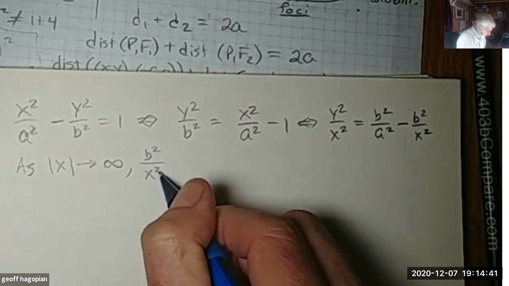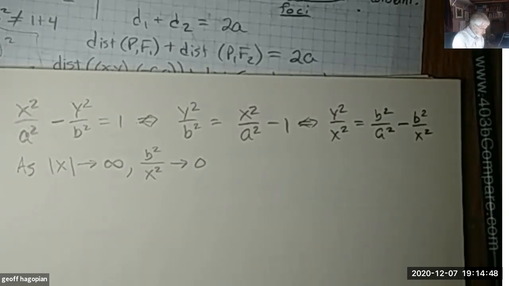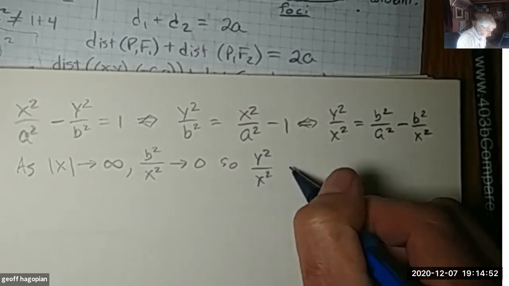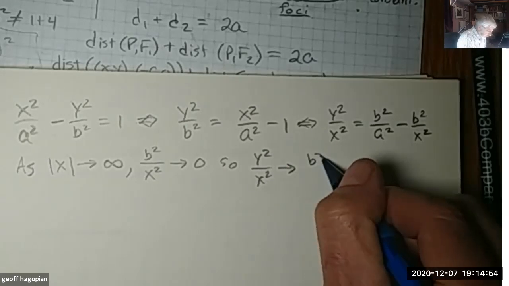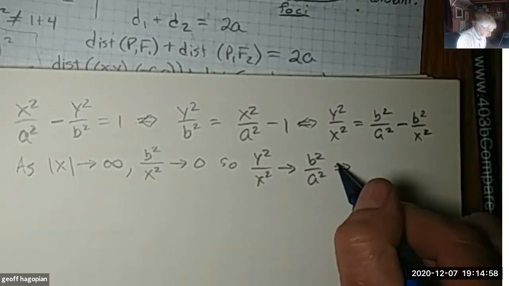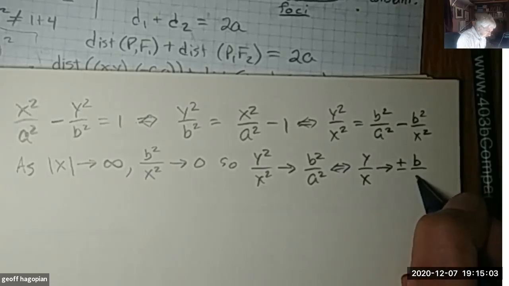If x squared is growing without bound, this will go to 0, right? And so y squared over x squared, this ratio will go to b squared over a squared. That is to say that y over x will go to plus or minus b over a.